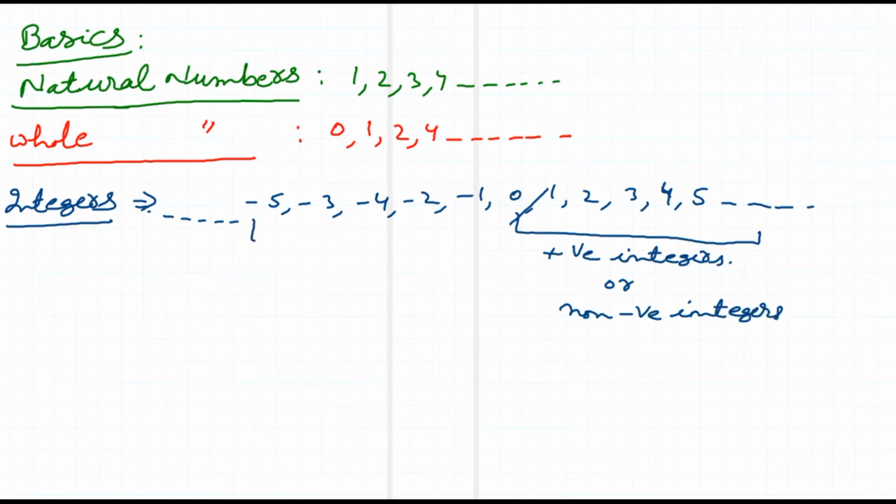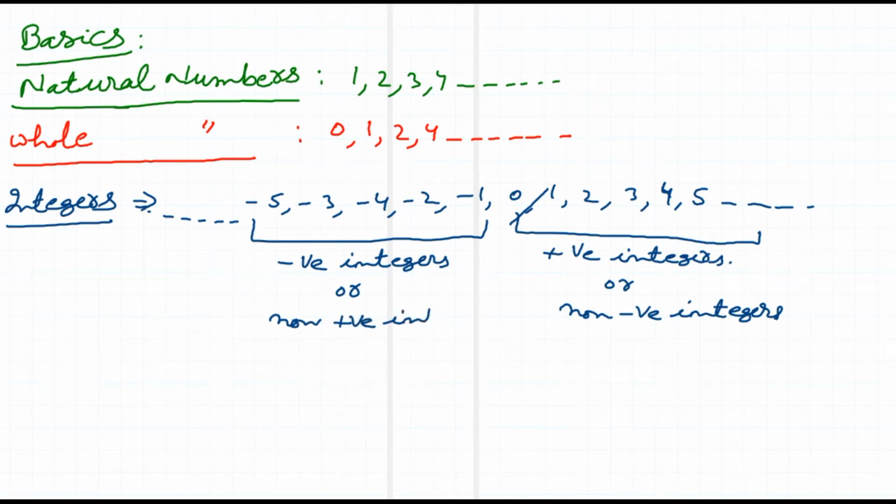In a similar way, these may also be called negative integers, or we may also call them non-positive integers. Right, students? So the next thing we are going to discuss here is fractions.